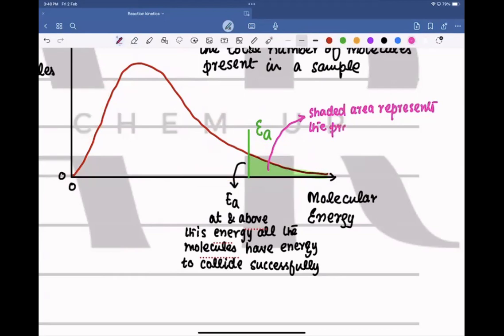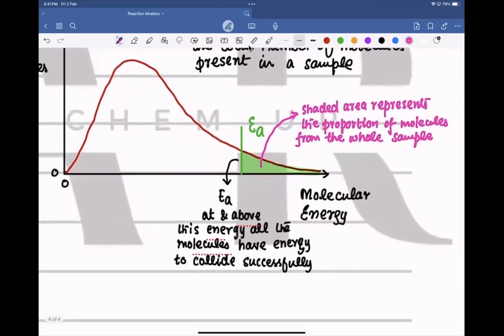This shaded area represents the proportion of molecules from the whole sample which possess enough energy to form product on collisions.